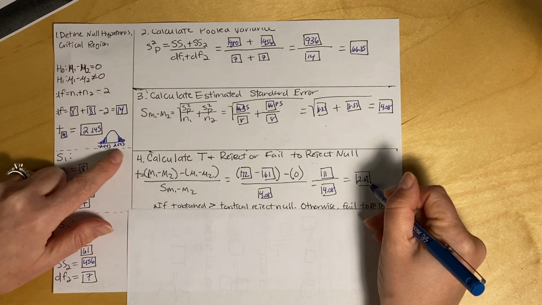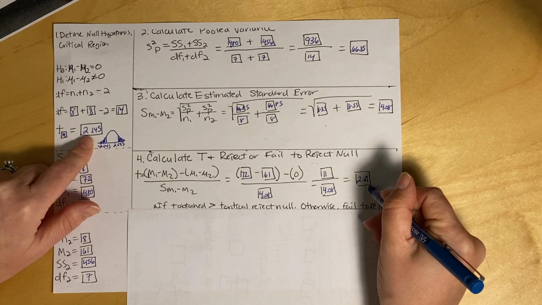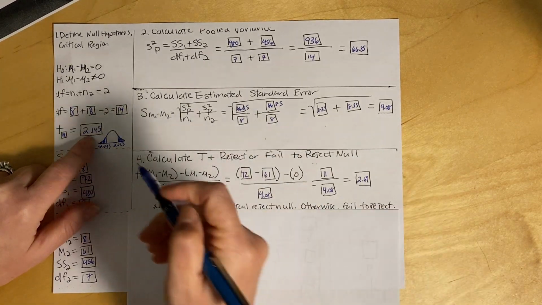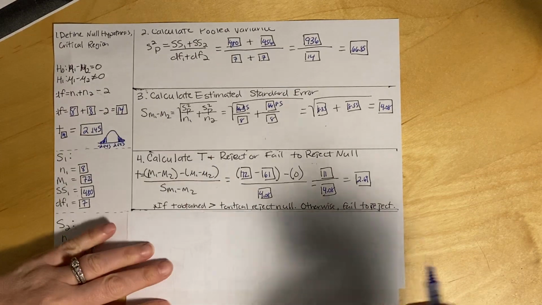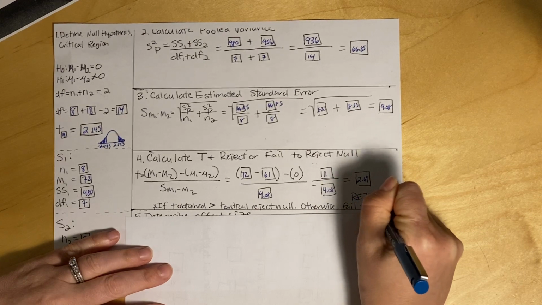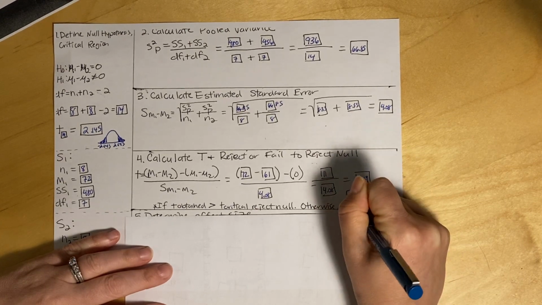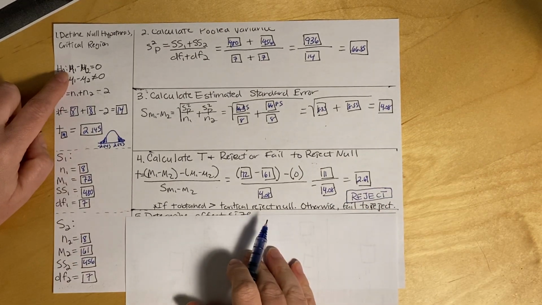And so again, our T critical value that we obtained is 2.145, and a value of 2.69 would fall right about here. And in this case, we are going to reject our null hypothesis that says that these two groups are the same.